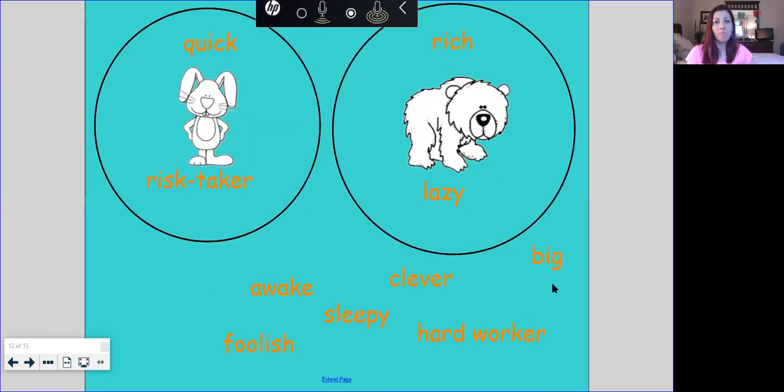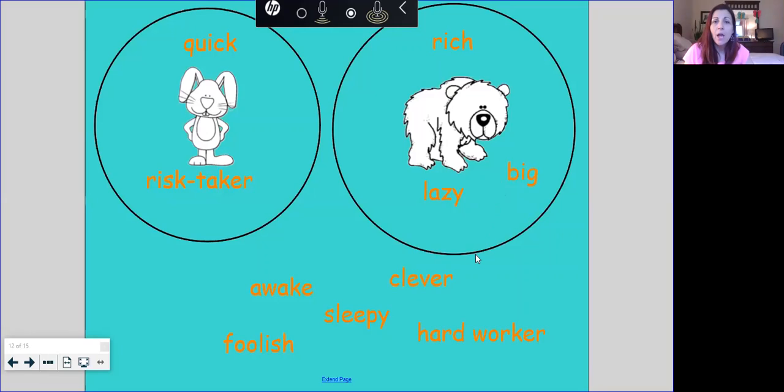Big. Which one of these characters was big? Let's see if we can find it in the text where they're together. Here's an illustration. We can see Hare and then Bear. Bear is the bigger of the two characters. Bears are bigger than hares, obviously.